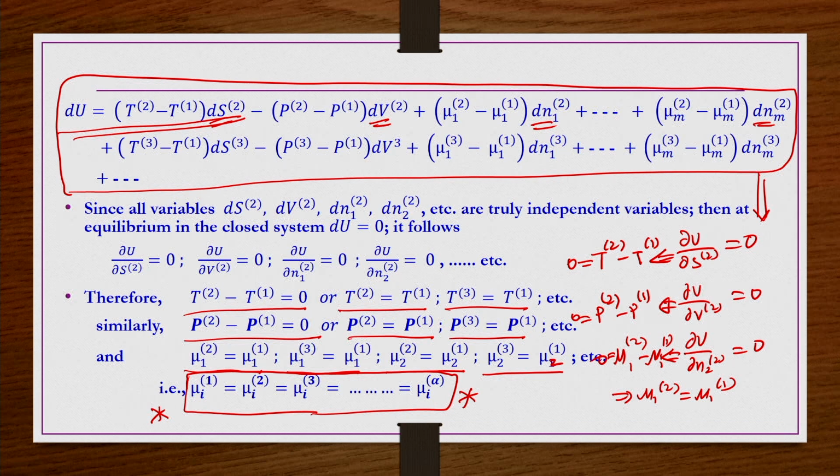So, at equilibrium, the thermal, mechanical and chemical equilibrium relations are all proved here. So, there is no ambiguity or confusion that the chemical potential of each component in all coexisting phases should be equal. So, that we have proved.